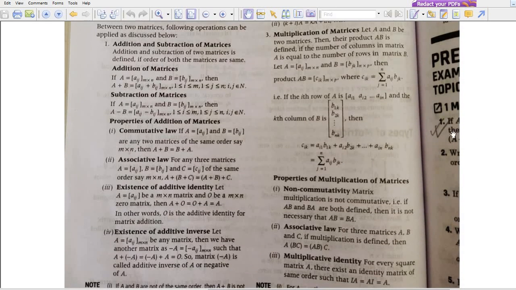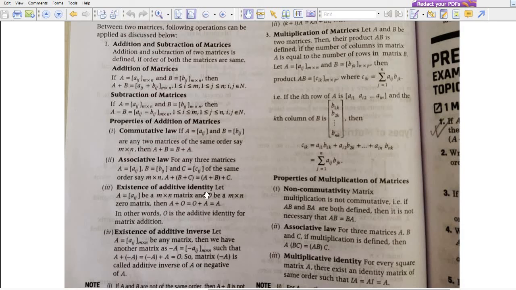Now next thing is multiplication of matrices. When can we multiply two matrices? Let A and B be any two matrices, then their product AB is defined if and only if the number of columns of A is equal to the number of rows of B. Then only the multiplication of matrices AB exists.